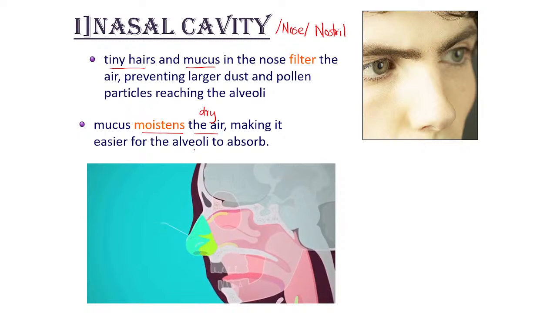Okay, these are the main functions of the tiny hairs and mucus which are present within the nasal cavity. So what is the importance of the nasal cavity? For inhalation and exhalation, that is taking in air and giving out air.